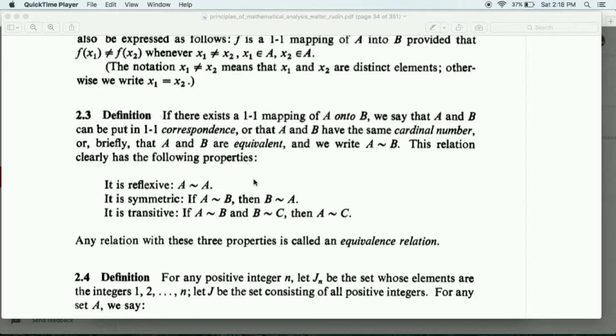We know that a relation is a subset of a Cartesian product of two sets.